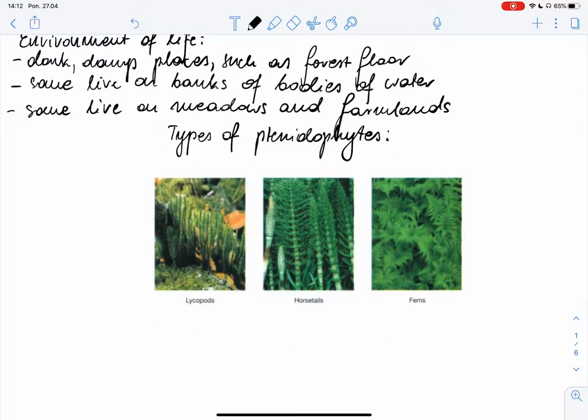And those are ferns, paprocie, those are horsetails, skrzypy, and those are lycophytes, or lycopods, widłaki.